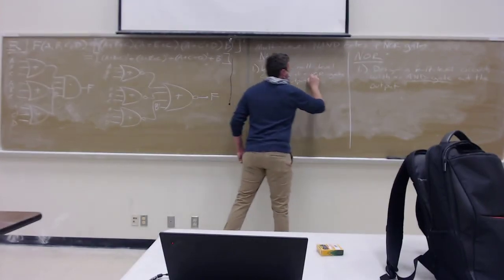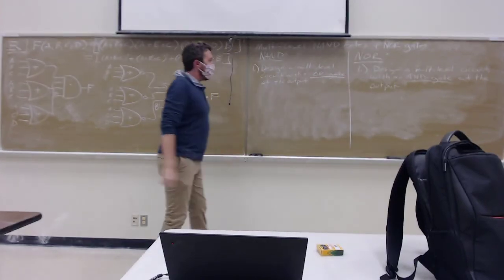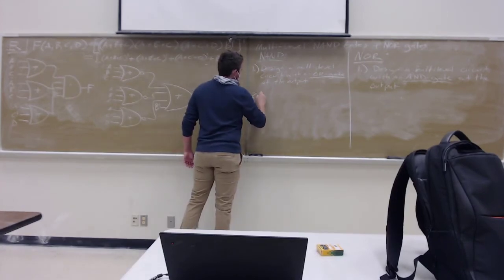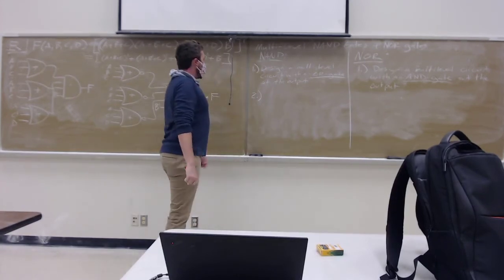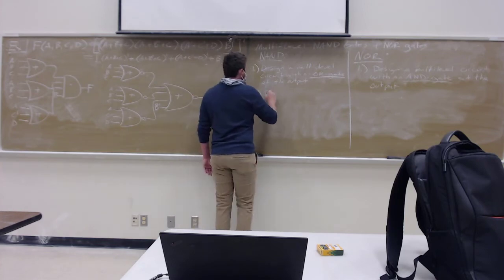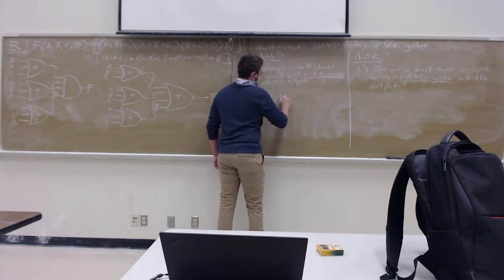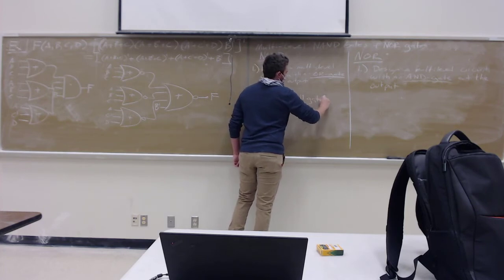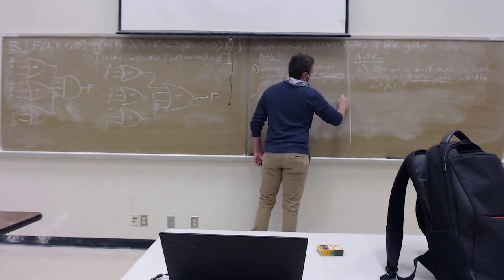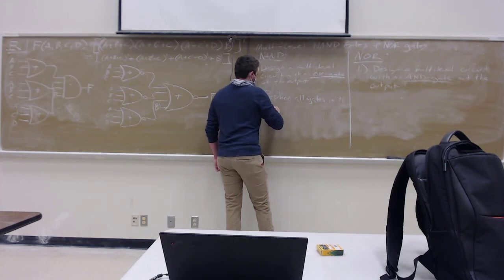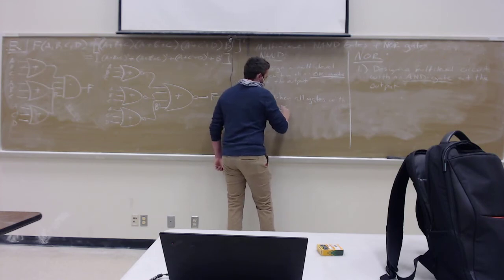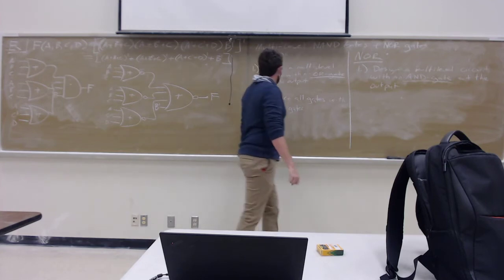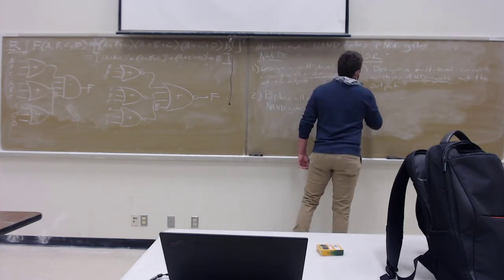For NAND gates, we've got to start with an OR gate at the output. Step 2, replace all gates with NAND gates. And you can guess over here on the NOR side, step 2 is replace all gates with NOR gates.